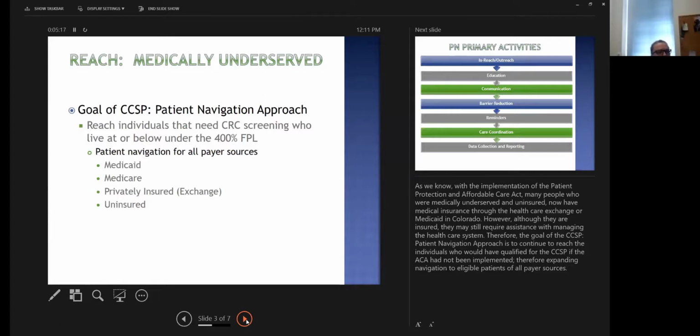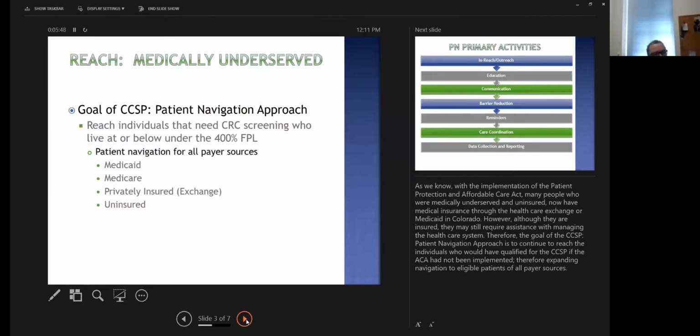Essentially, we're seeking to reach people who have an income level at or below 400% of the federal poverty level, who have any type of insurance, Medicare, Medicaid, privately insured, as well as the uninsured, to ensure that they think about the goal of colorectal cancer screening based on age and medical guidelines. And part of our big thrust, of course, is to make sure that we hit the 80% by 2018.